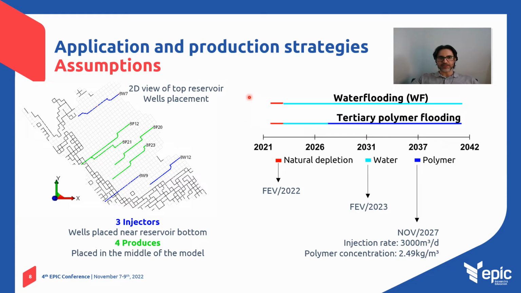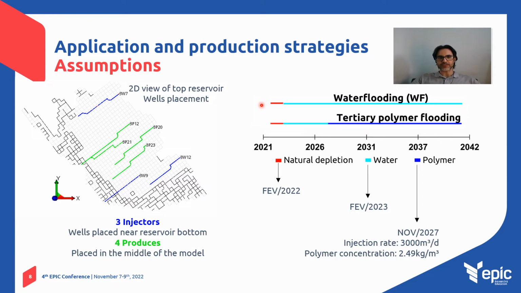In this timeline here, we can observe the strategies that were applied. It was assumed the water flooding was already implemented in the model, so the polymer flooding should be started in a tertiary mode.